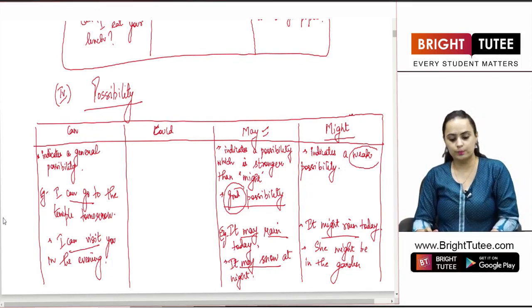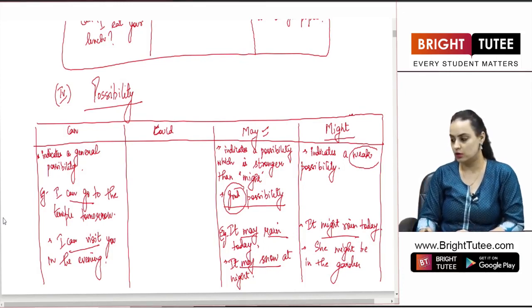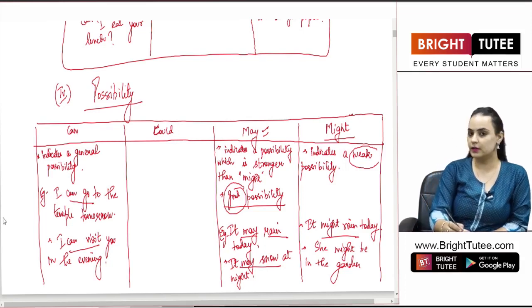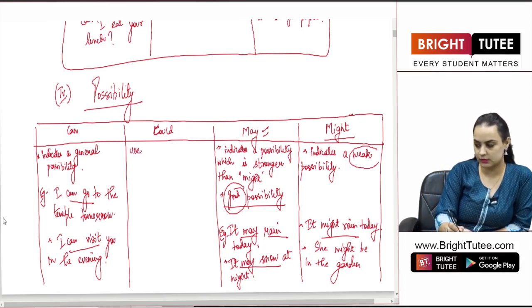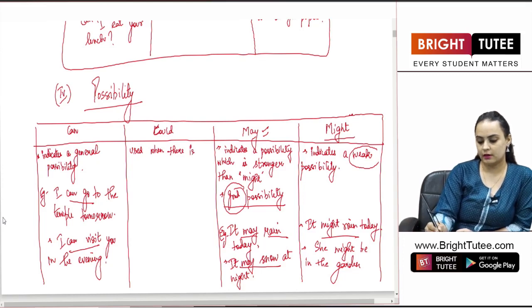And the last modal that is used to talk about possibility is could. Now what do we talk about when we use could? It is used when there is a very weak possibility.